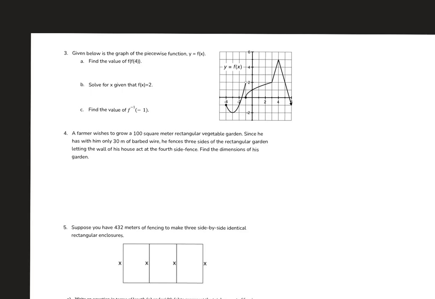Okay, so we're given this graph, y equals f of x, and we're asked to find the value of f of f of 4. And basically what that's asking us to do is to evaluate, first we evaluate the innermost function, f of 4. And so when we go here, we can see that f of 4 is going to be equal to 5. And so then we take that and we plug it in.